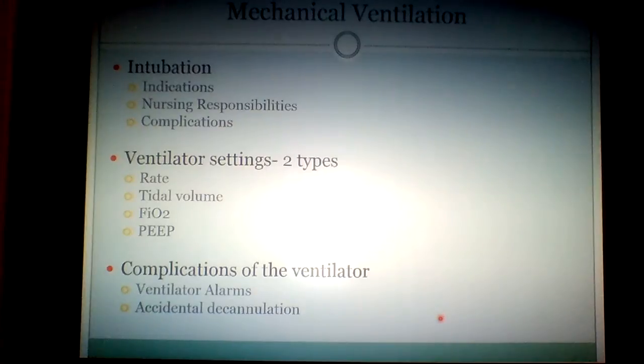You also want to know what FiO2 is, okay? That is your fraction of inspired oxygen. You want to make sure that you know what that is. It is usually expressed as 40%, 30%, 20%, or whatever.